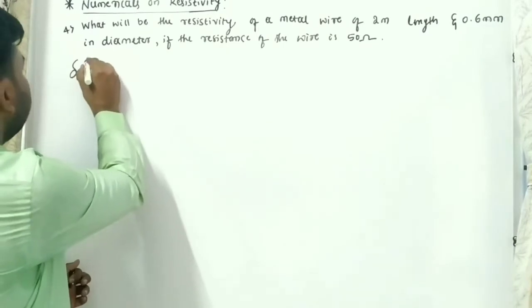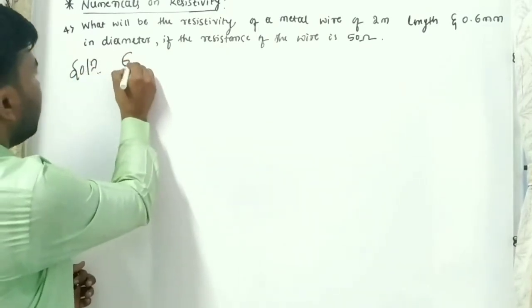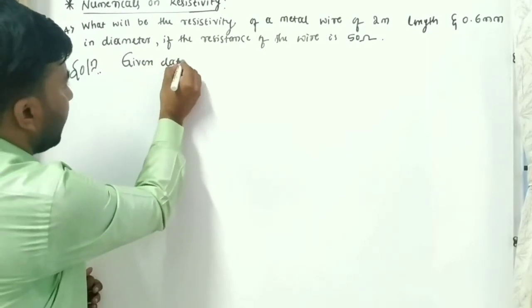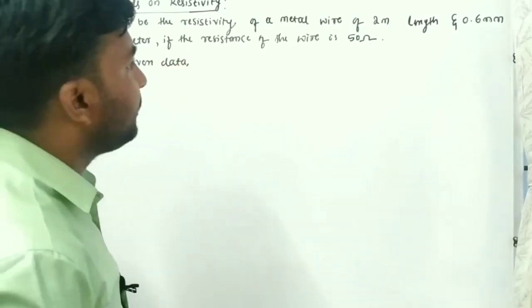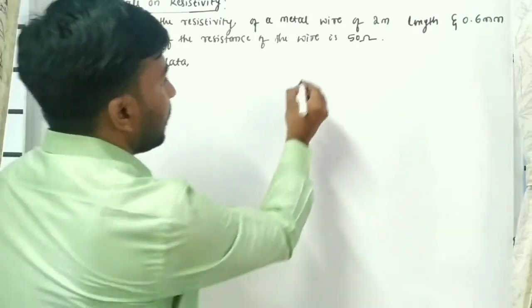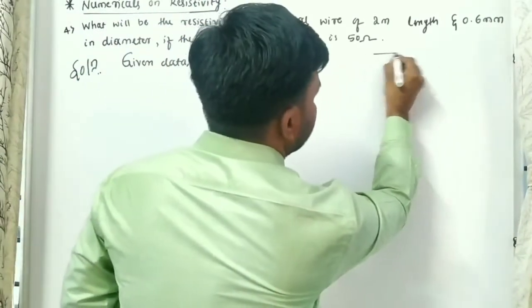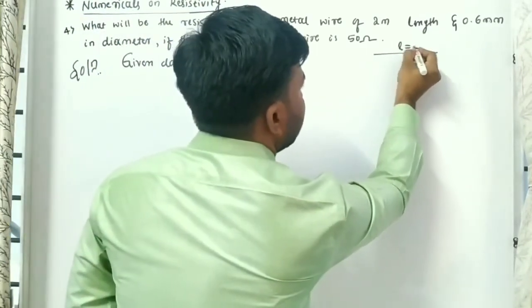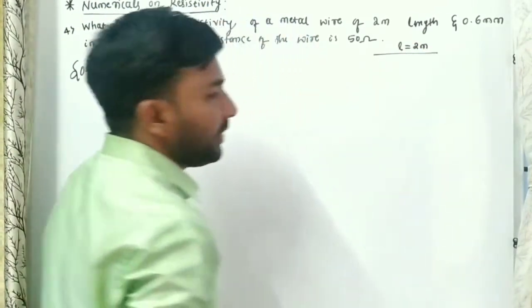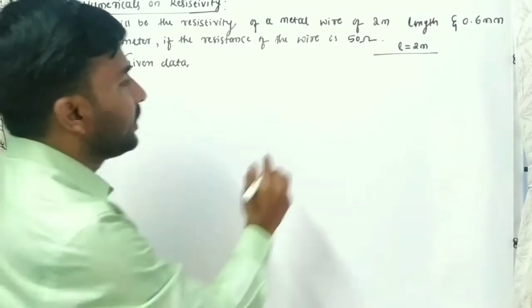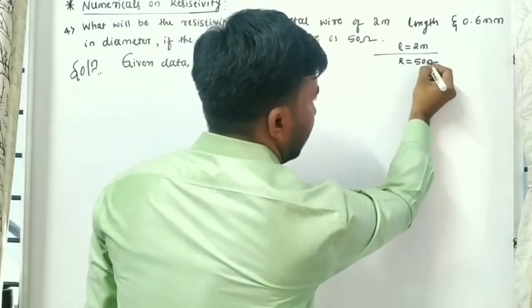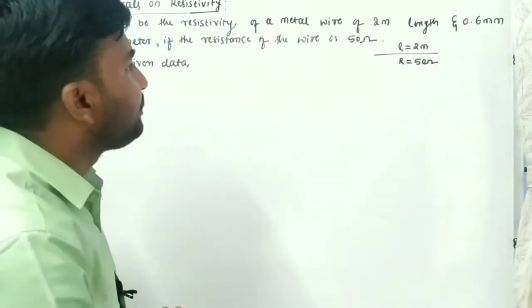Solution: given data. So here a wire of length 2 meter and resistance is 50 ohm.